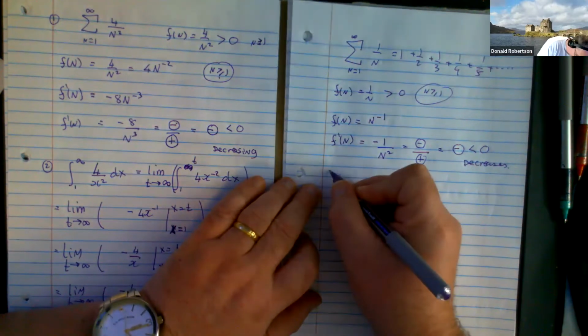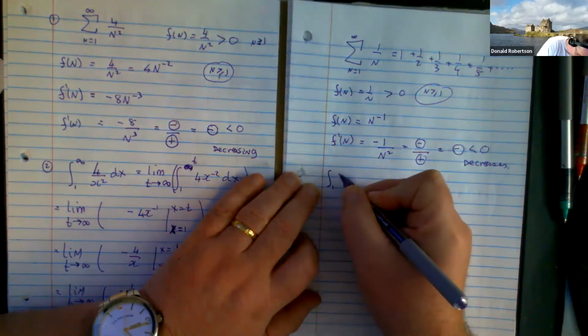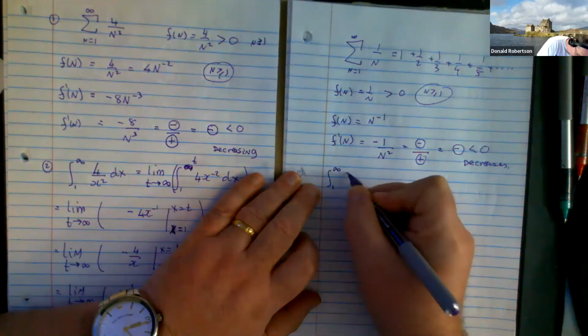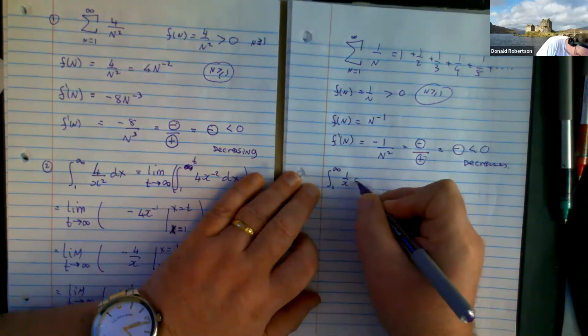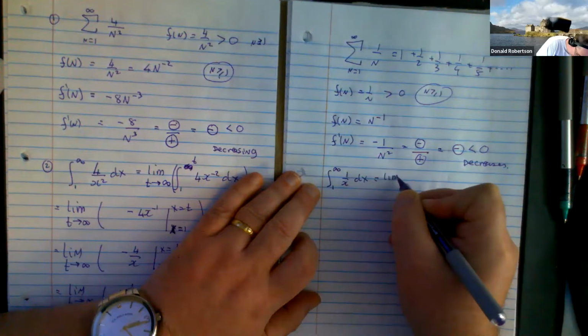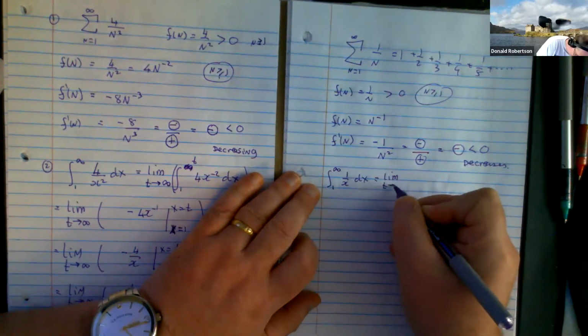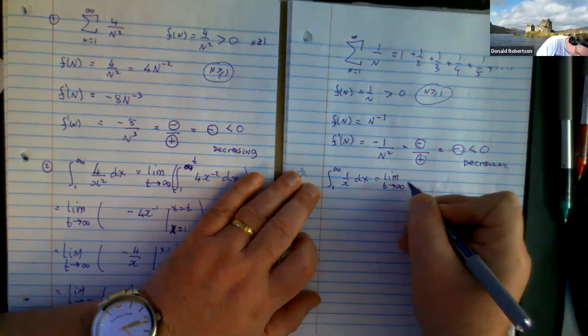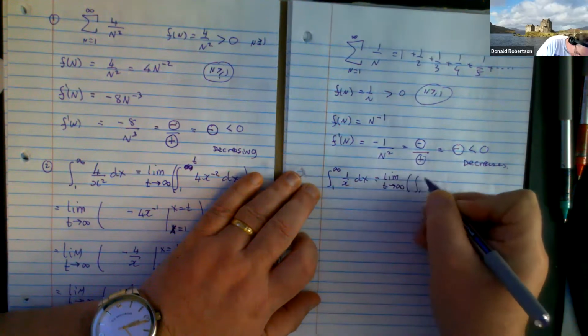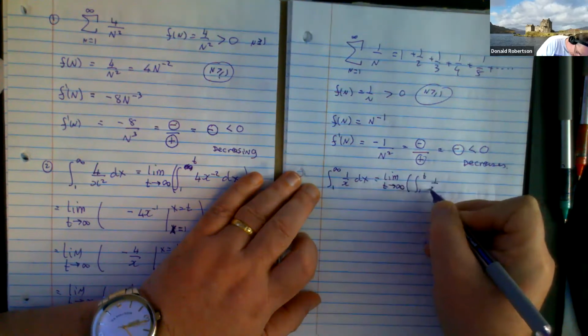We're going to find the integral from 1 to infinity of 1 over x dx. That's going to be the limit as t tends to infinity of the integral from 1 to t of 1 over x dx.